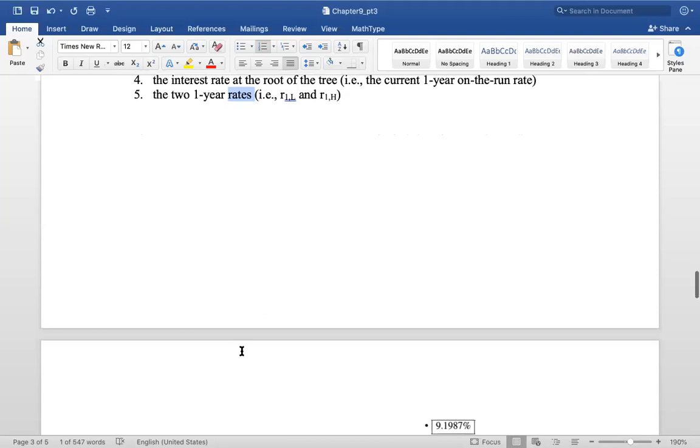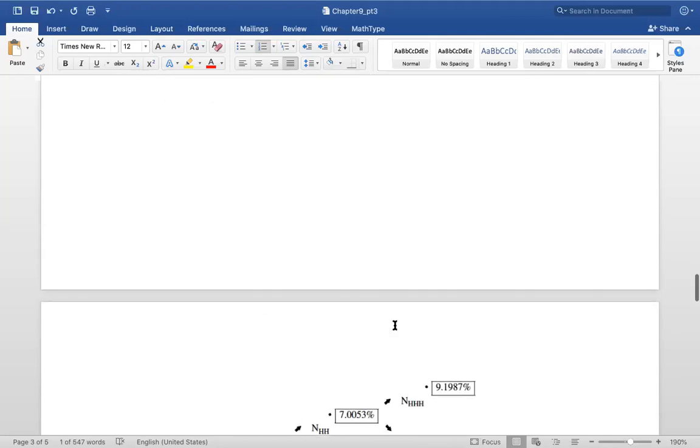Now here, remember, you have to calculate R2HH, R2LL, and R2HL. We again guess R2LL and using the model try to figure out the values for R2HL and R2HH. And we continue this trial and error process until we get the desired value.